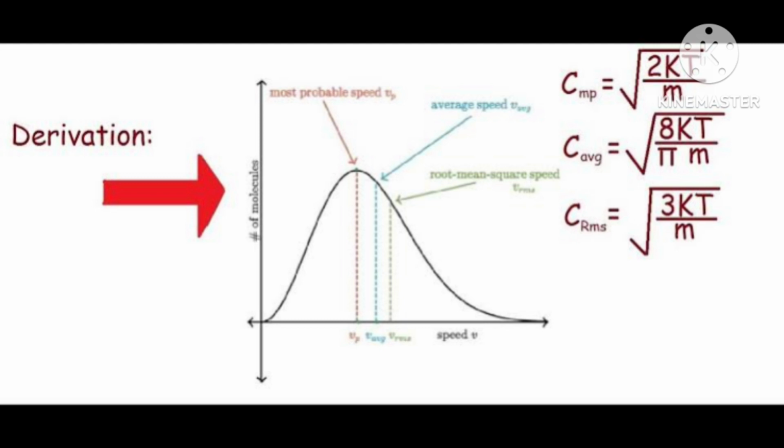According to these two scientists, the distribution of kinetic energy may be described by plotting the fraction of molecules with a given kinetic energy E versus kinetic energy.